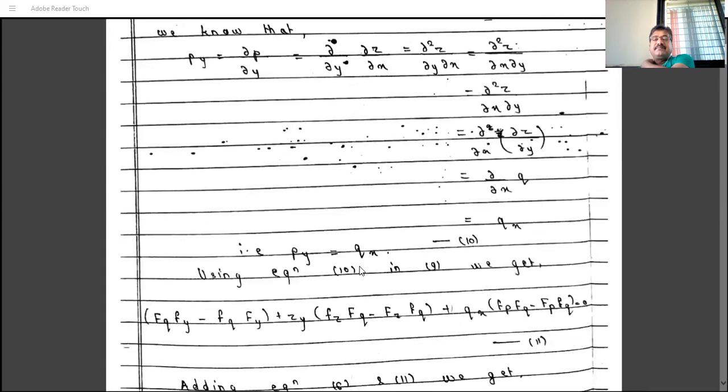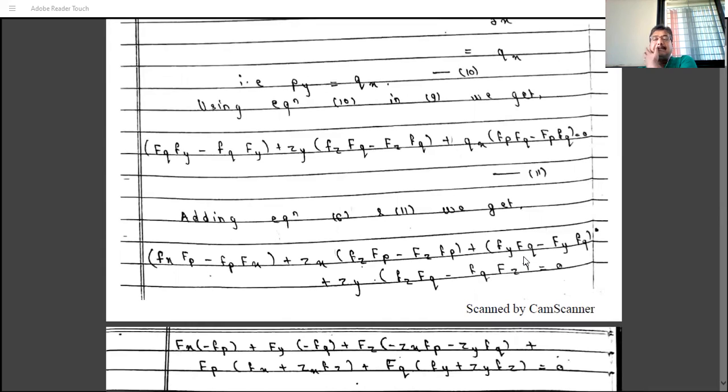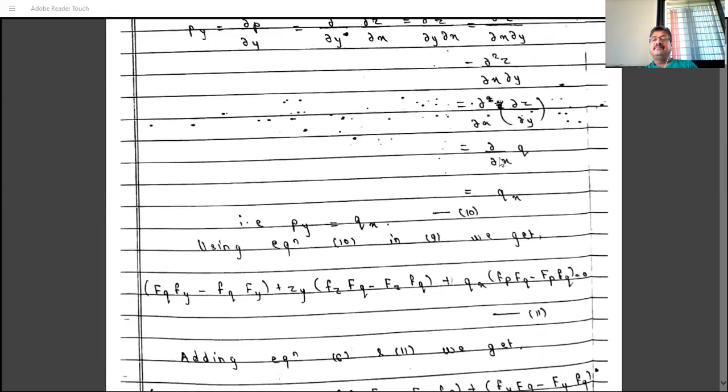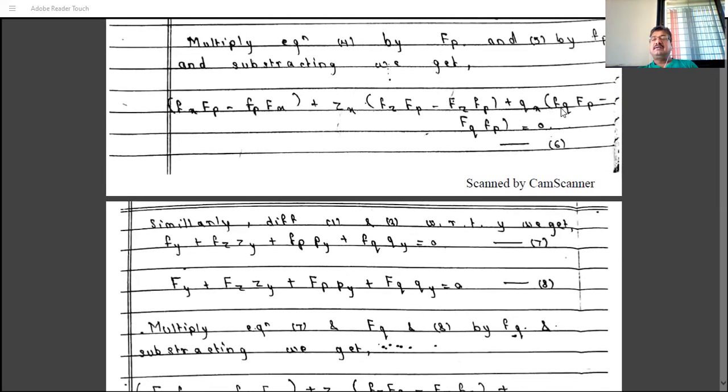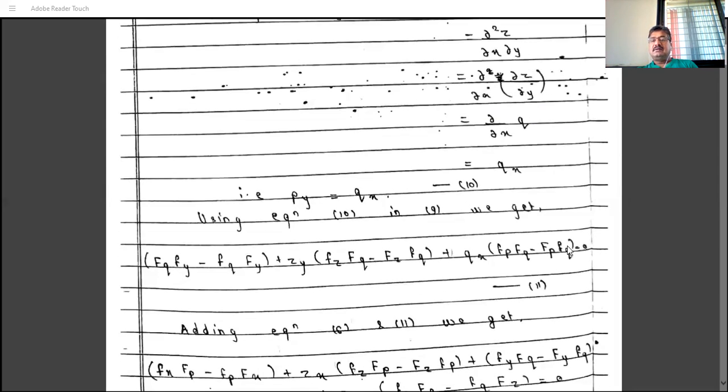Zx, this quantity, plus this quantity fy fq minus equation number 10, fq fy minus fq fy, this term, plus this term, and observe this term qx fp fq minus fp fq, and observe this term, equation number 6, qx in bracket small f of q, capital F of p, and here the term, it is positive, f of p, f of q.